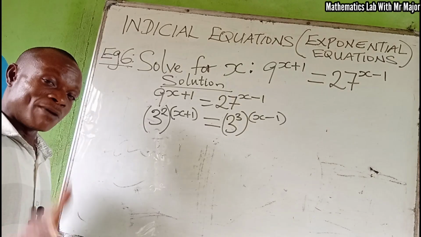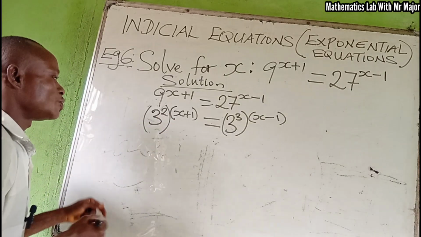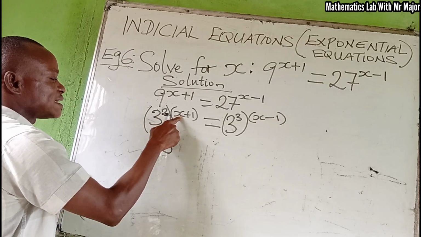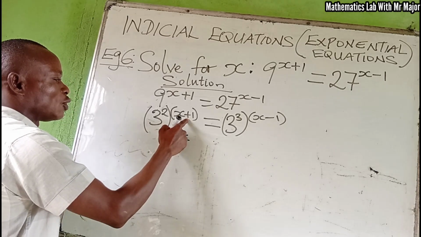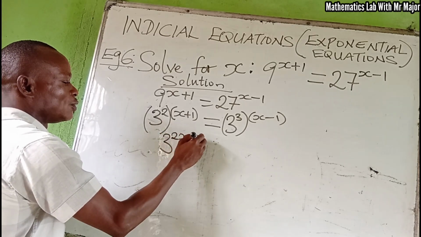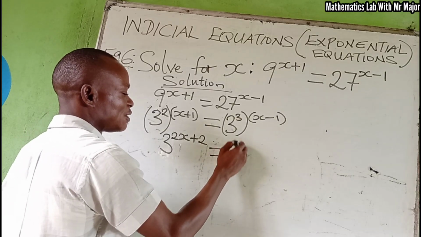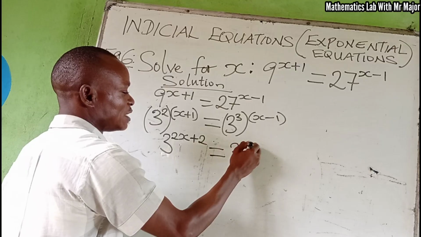We now apply the power law of indices that says the powers should multiply the powers. So we are going to have 3 raised to power 2 times x will give us 2x. 2 times plus 1 will give us plus 2. Then equal to, we come over here, 3 raised to power 3 times x will give us 3x.